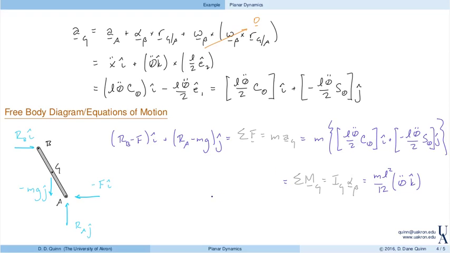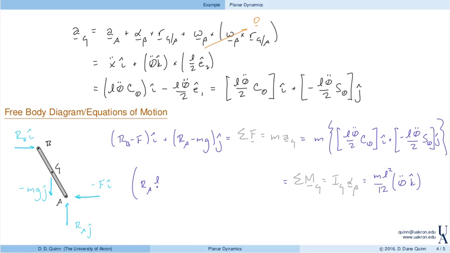Now we need to identify the moment produced by these forces. So there's a moment acting from the reaction force at B, a moment from the reaction force at A, as well as a moment from the applied load, and the weight produces no moment because it acts directly through the mass center.